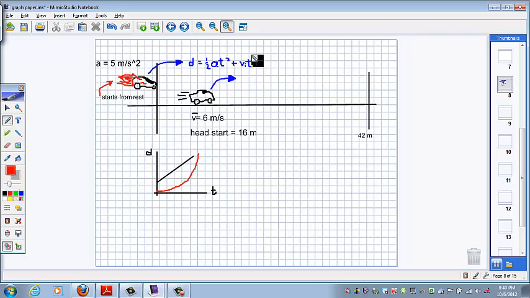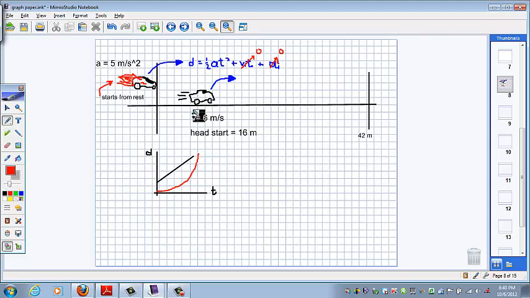Let's show that killing off right here. And then also there's going to be the possibility of an initial distance. That's part of the equation. But he's starting from the origin, so that also is going to go to 0. So both of those are gone, and that's the correct equation to model him by.